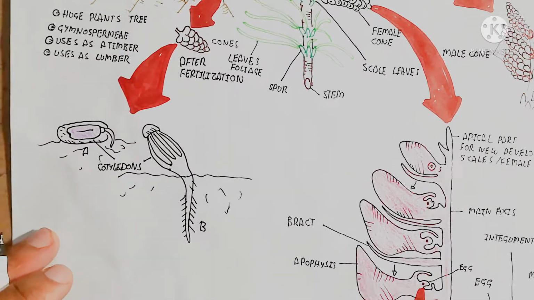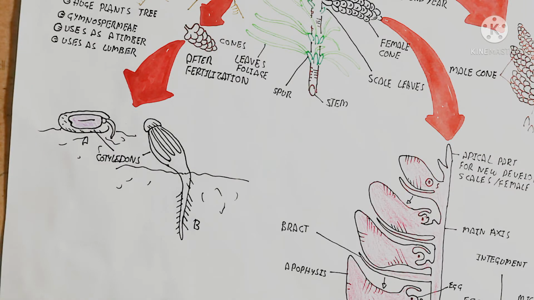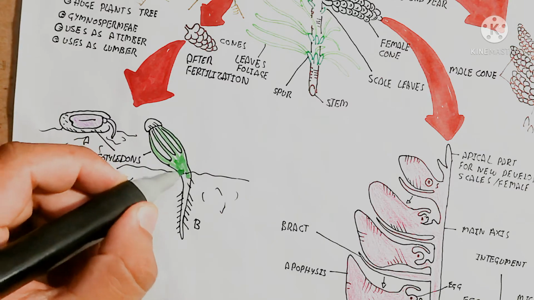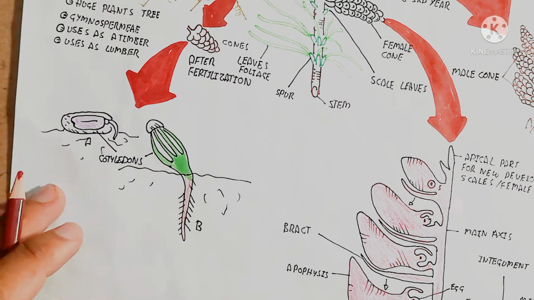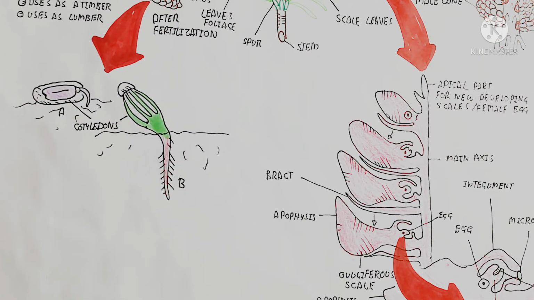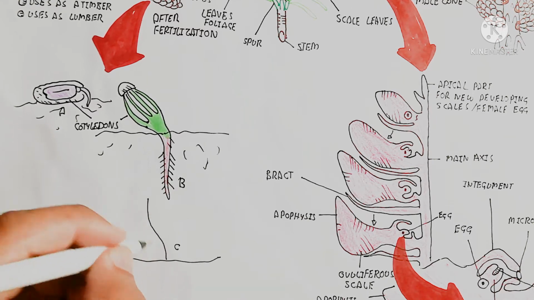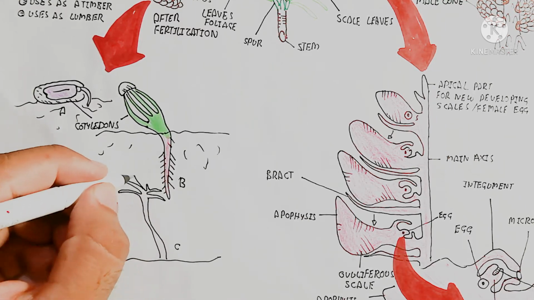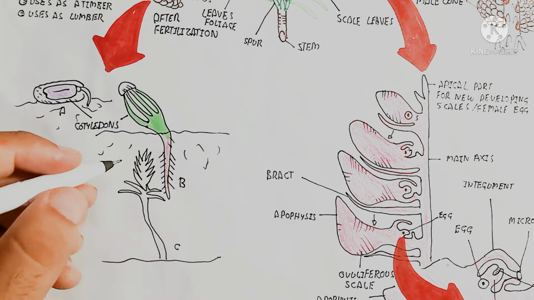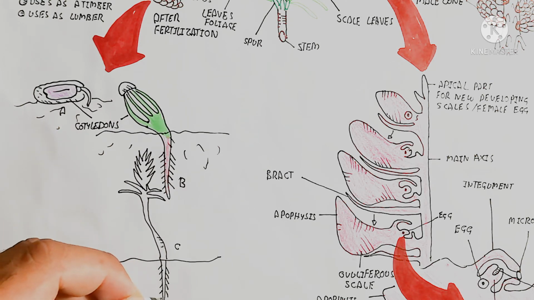Here the hypocotyl and epicotyl are present. The hypocotyl is below the epicotyl. The epicotyl is the upper part, and there are many cotyledons that will be formed, and that is the future.